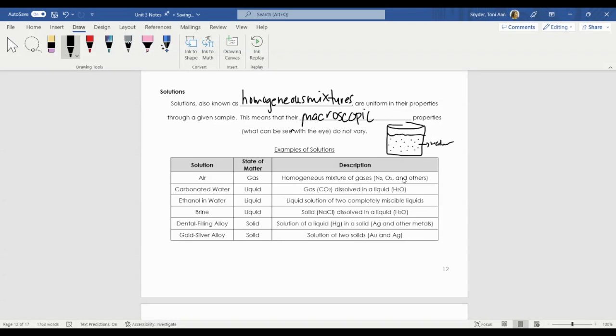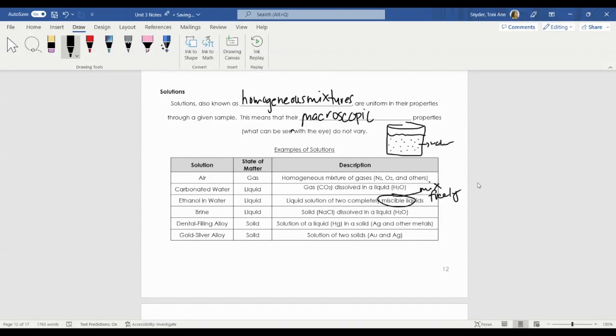Ethanol in water is another example, not something you might be as familiar with seeing. That is a liquid solution of two completely miscible liquids, and miscible just means that they mix freely. It's a word we use instead of saying ethanol dissolves in water or they mix together.